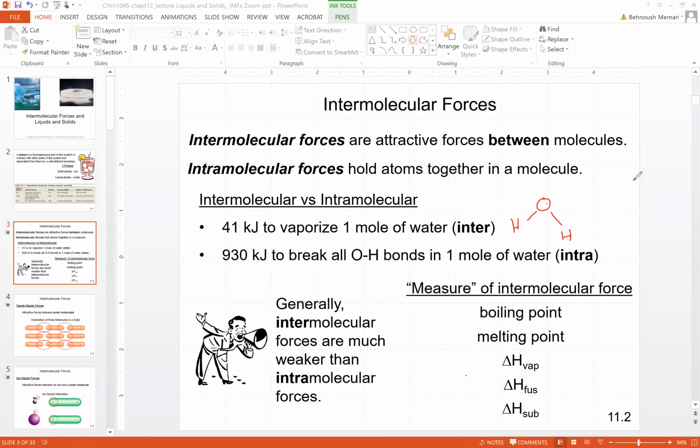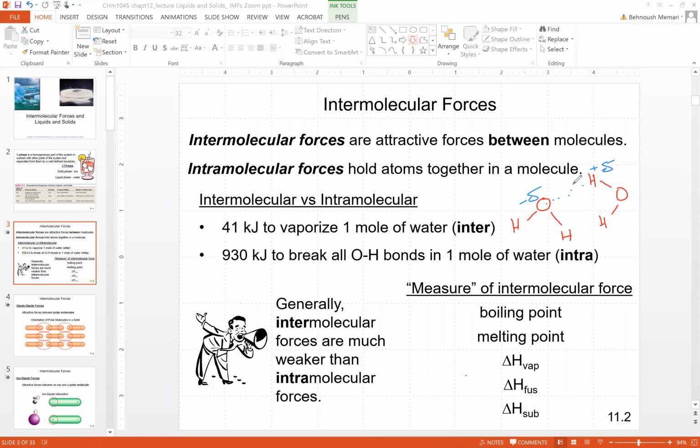But if I have another molecule of water, the two molecules are attracted to each other by a force, kind of like an electrostatic attraction, because these polar molecules have positive and negative charges. Specifically, we have hydrogen bonding, which we will talk about also.